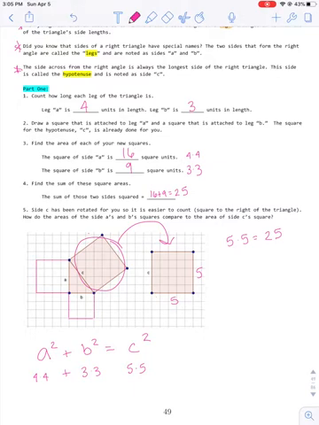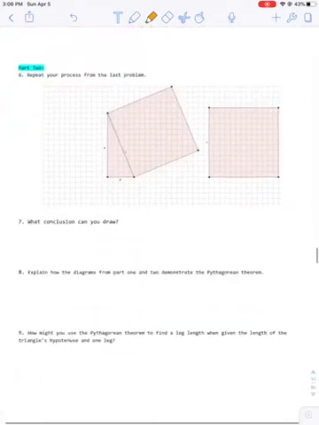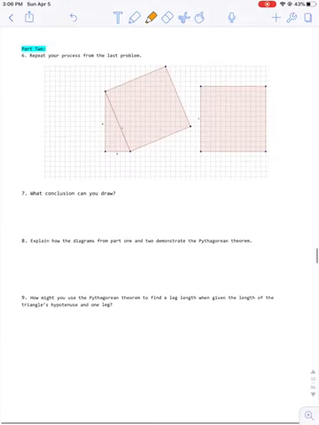So when we added up the area of the A square plus the B square, we got the area of the C square. And that is actually the Pythagorean theorem right there: A squared plus B squared equals C squared. That's something we're going to be using in the future.